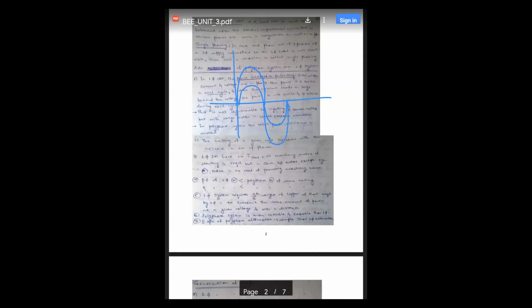Since they are in phase, we consider from 0 to 2 pi. We are not taking this 2 pi as 0, because it will be part of the next cycle.